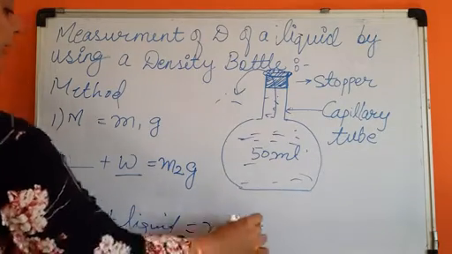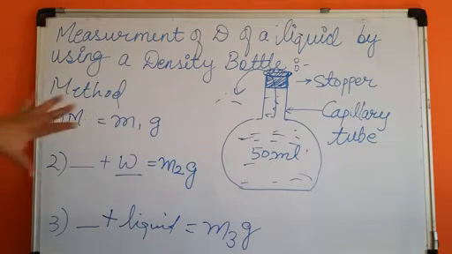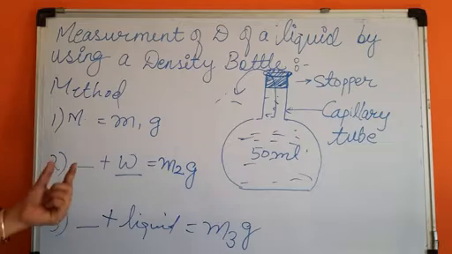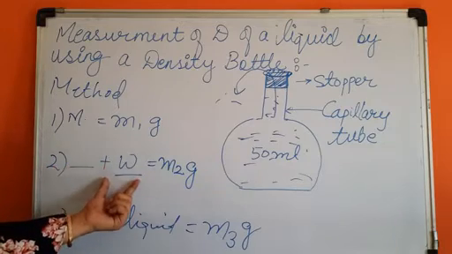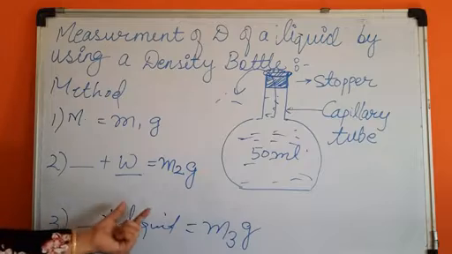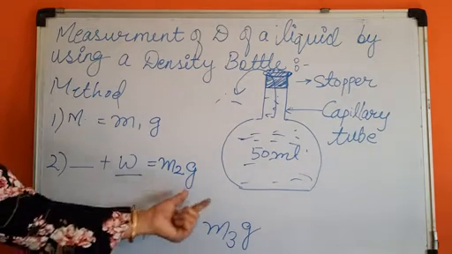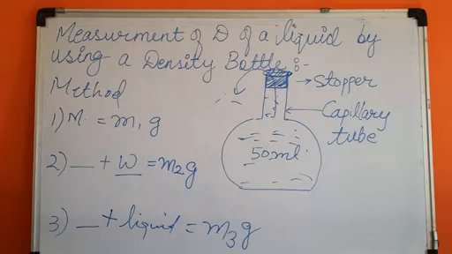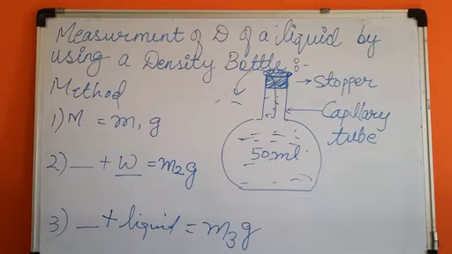You can consider it m3 grams. We have three masses: mass of the empty bottle, m1 grams; mass of the empty bottle plus water, m2 grams; mass of the empty bottle plus liquid, m3 grams. Using this, we will do the calculation and observation based on this density bottle.